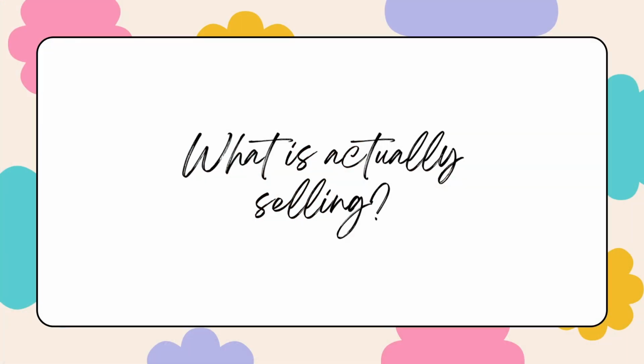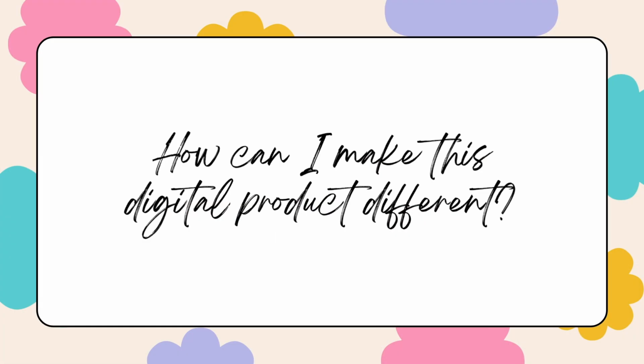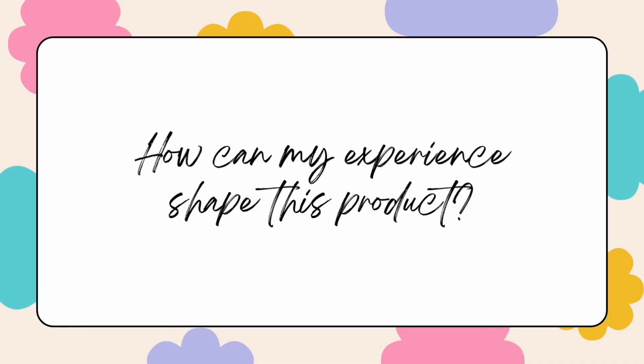And then I want you to go ahead and write down what is already working when you are doing this search. So what is actually selling at the moment? What could you do differently? And how can your experience or story shape this product? Even if you're still figuring things out, this one activity can give you so much clarity. And if you're planning to join my challenge, this will give you the perfect head start.